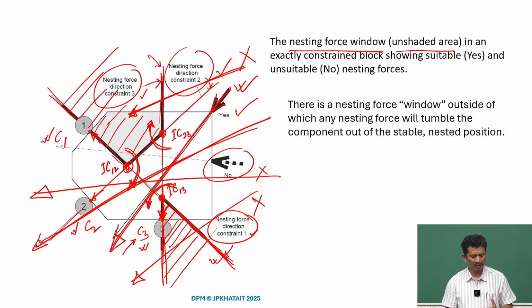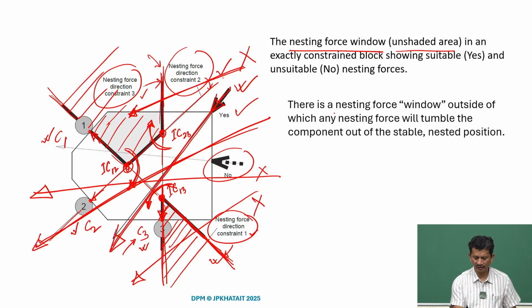So depending on our requirement, we can formulate some optimization also, and we can play with that and find the optimum solutions. But we know that as long as the force passes through the unshaded region, it will give us the right solution.